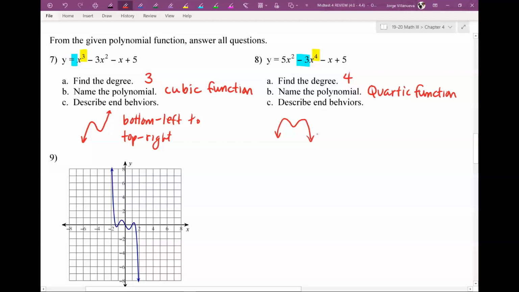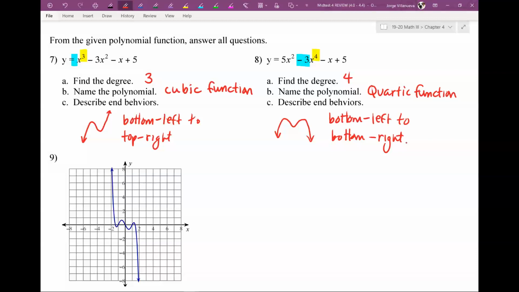It's pointing down because the 3 is negative in front of it, okay? So we're going to go bottom left to bottom right. Or I think on the test the options will say it falls to the left and falls to the right. Okay. They use rise and fall.